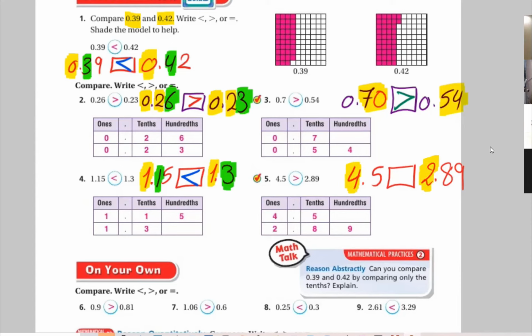The whole number here is 4, and the digit in the whole number part is 2. So which is greater? 4. So you don't need to look at the next digits. If you have a different digit, compare between them and then put the sign. Okay. Thank you, Muhammad.